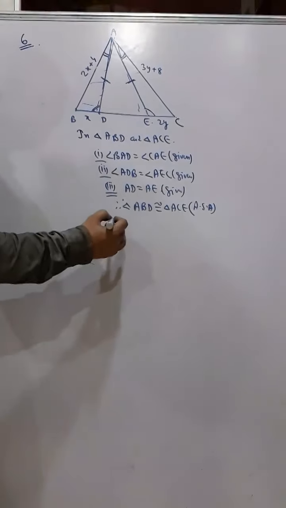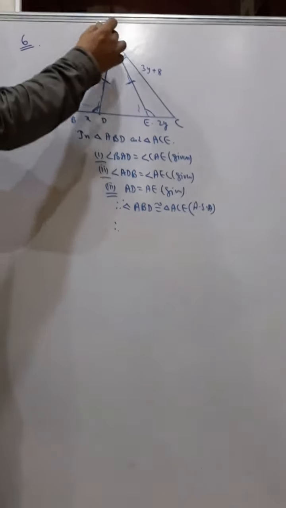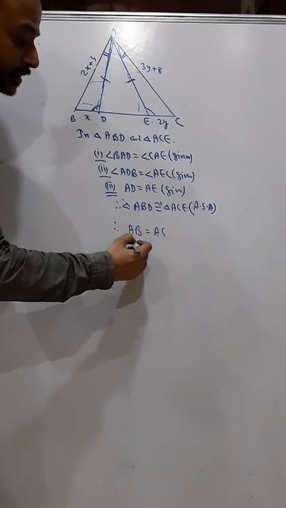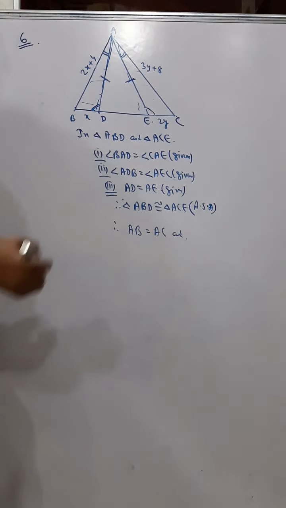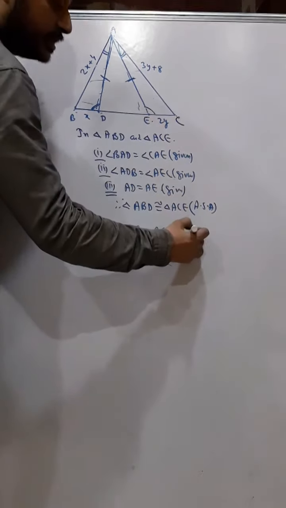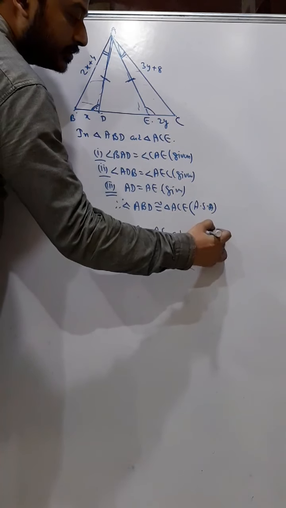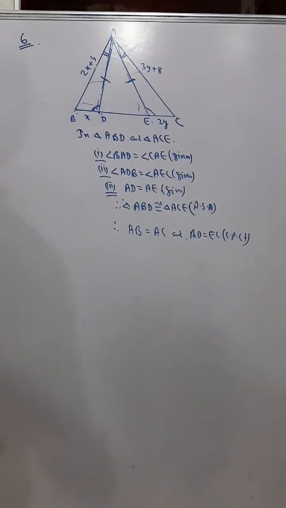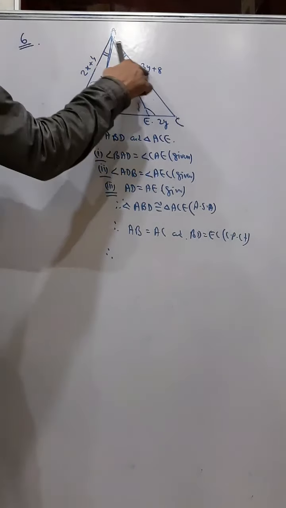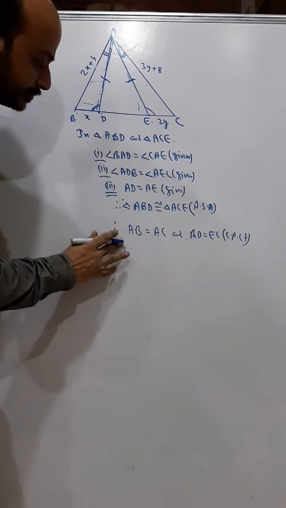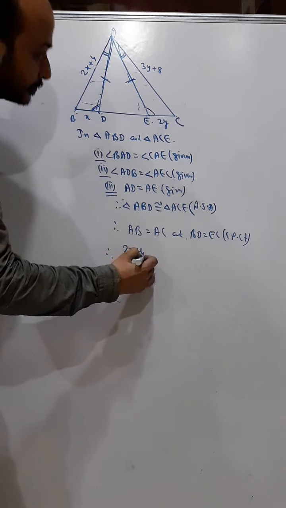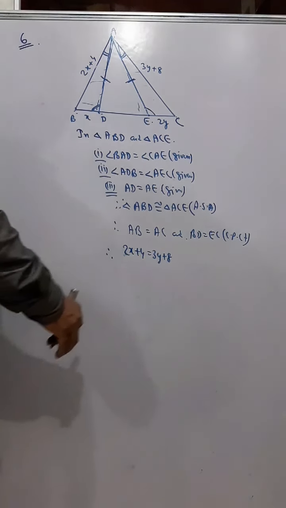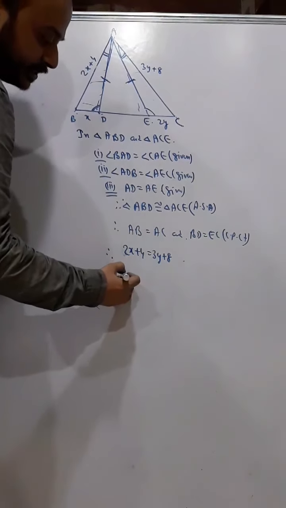And therefore we can say that AB equals AC, and we can also say BD equals EC. Reason is what? CPCT. Okay, and therefore we can say that 2x plus 4 equals 3y plus 8, and from there we'll get the first equation.